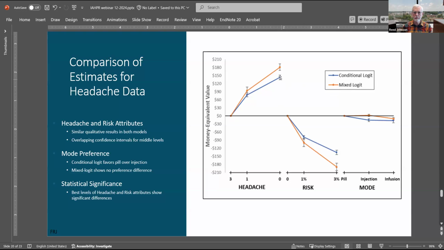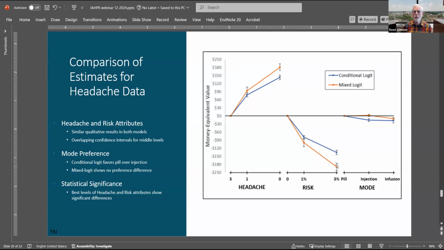To go from 3 headaches to 0 headaches, people are willing to pay about, say, $130 under the conditional logit, and it's more like $180 for mixed logit.